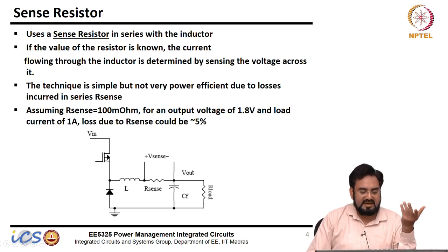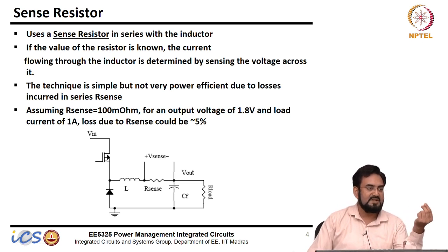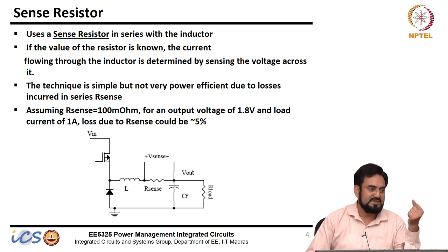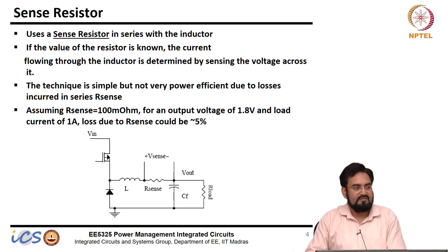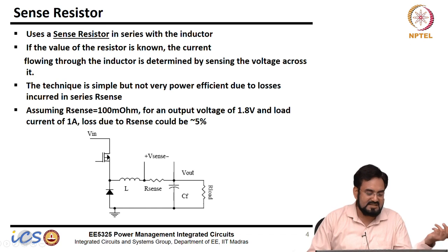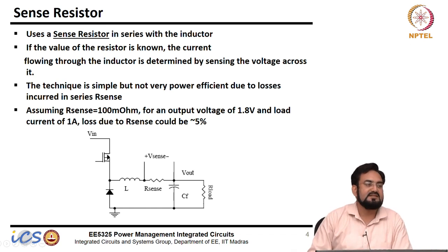So it's very accurate, if your R sense, this sense resistor, is accurate. There are resistors that can be as accurate as 0.1 or 0.2%, even across temperature. So you can achieve less than 1% accuracy with this external sense resistor, and most of the time for battery chargers and similar applications this external sense resistor is used, because you cannot get better accuracy than this.